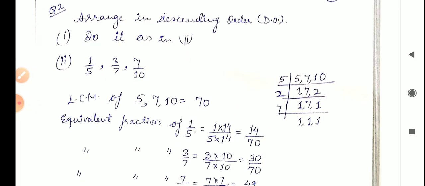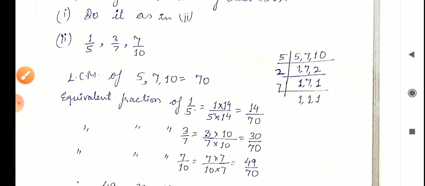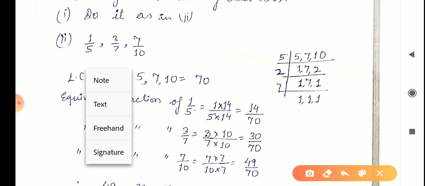In question number 2, we have to arrange the given fractions in descending order. Descending means from bigger to smaller. So all three fractions are proper fractions and unlike fractions. So the first thing we need to do is find the LCM of 5, 7 and 10.